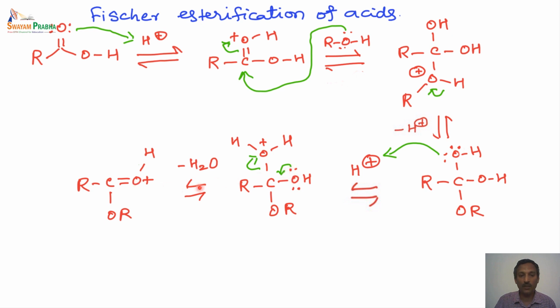Since the oxygen had given out the electrons, this oxonium ion is formed where the carbon-oxygen double bond is present. Since oxygen cannot keep a positive charge, this hydrogen is lost as a proton by giving its bonded electrons to oxygen, which leads to the final ester formation. So this is how the acid catalyzed esterification of acid proceeds.